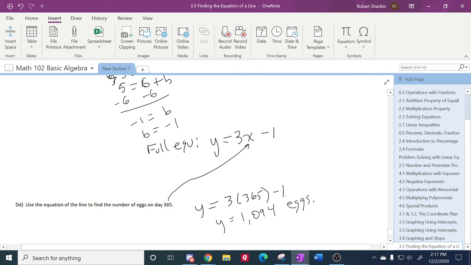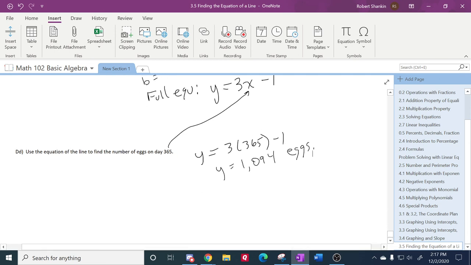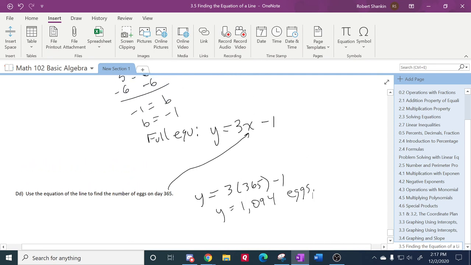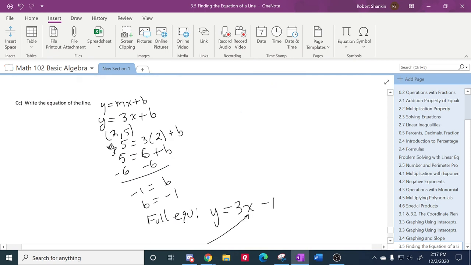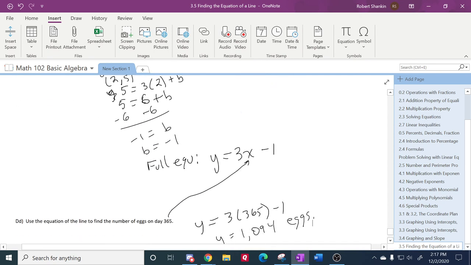So you might be wondering, how many eggs do I get per year, kind of a thing, and it's over 1,000. All right. So this is how modeling things with equations could be very helpful to us.